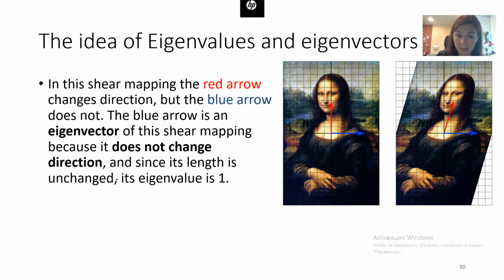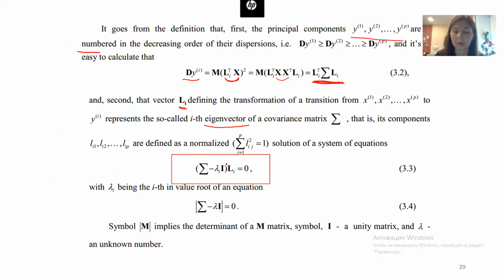This means that the eigenvalue is equal to 1. So you have some homework to read more about eigenvalues and eigenvectors, but it's really only for your education. So we need to find the solution of a system of equations like here, in order to define some coefficients.